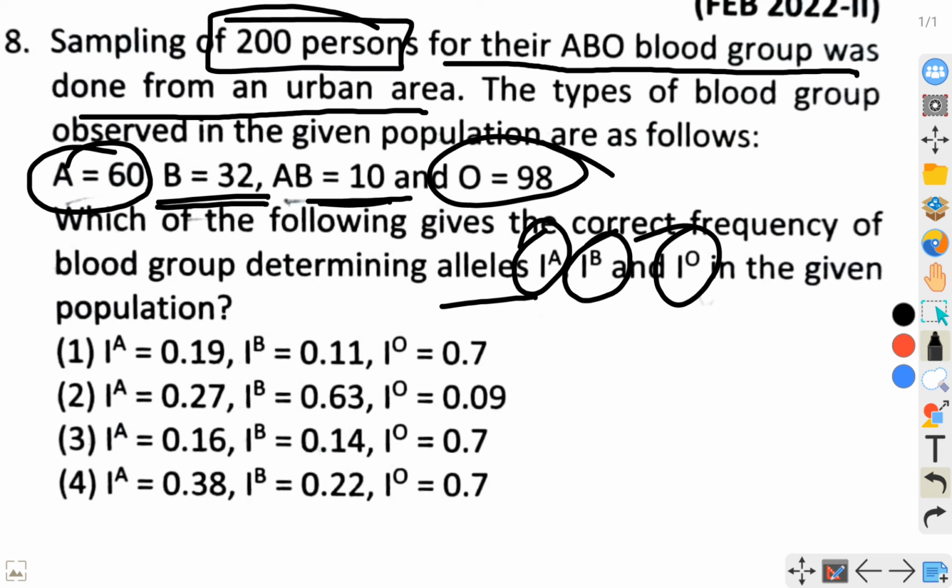The observed individuals are A blood group 60, B blood group 32, AB blood group 10, and O blood group 98. So we will use the Hardy Weinberg law to solve this kind of problem regarding ABO blood group. So let's start the calculation.